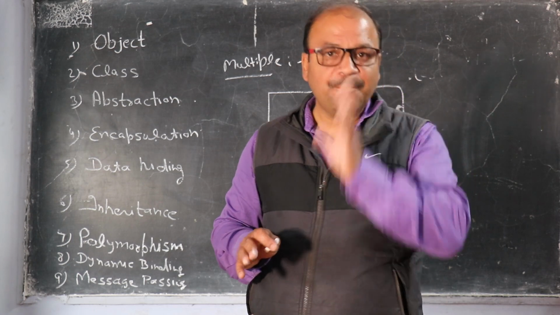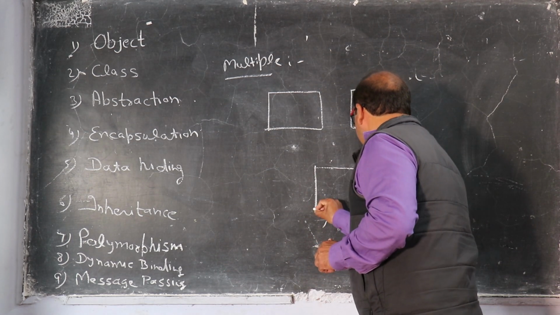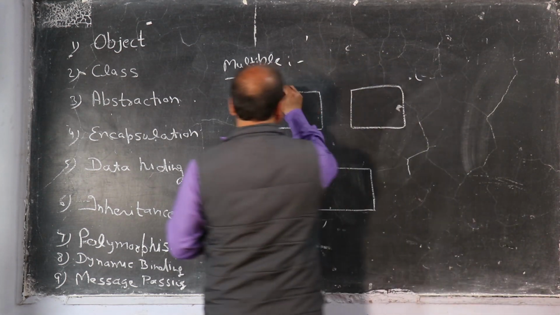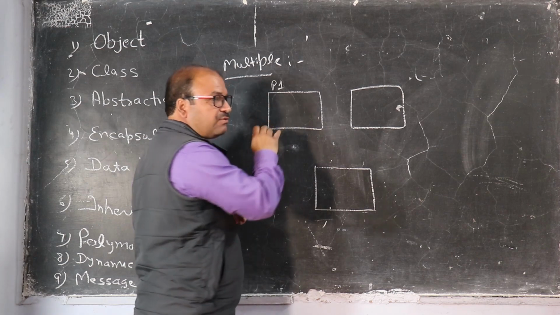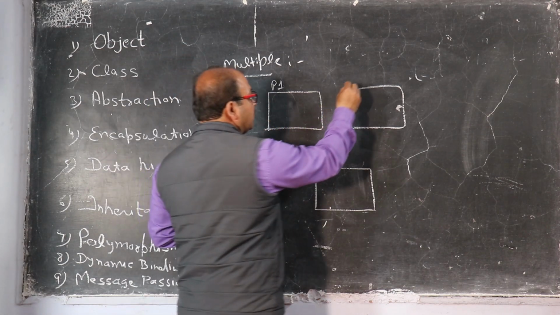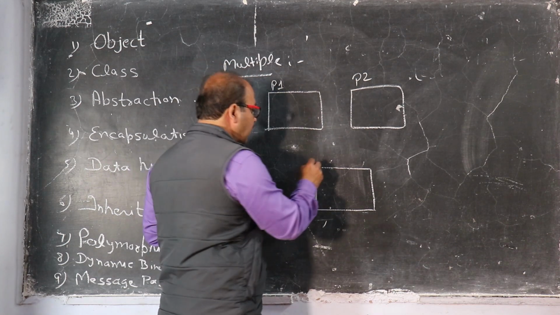This is called multiple inheritance. This is parent 1, P1, you can say this, the name of this class is P1. This is parent 2 and this is child class.